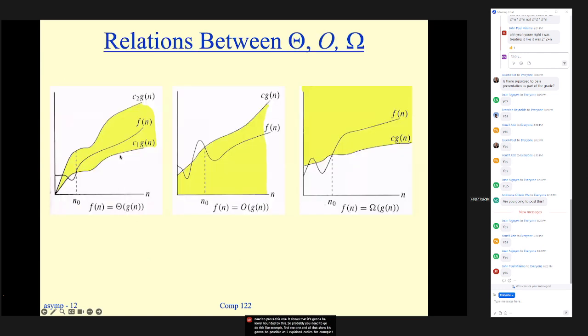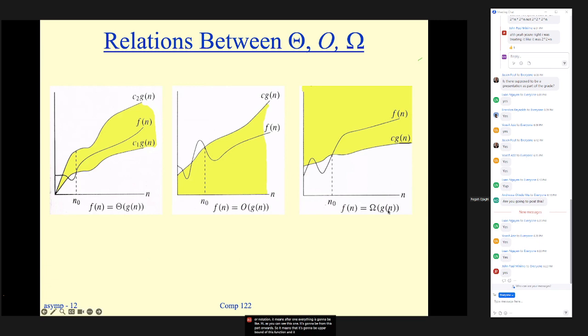Let's find a relationship. As you can see, for big theta of g of n, from n naught onwards, f of n is going to be between C1 g of n and C2 g of n. Big O notation means that after a while everything is going to be higher, from this part onwards, so it's an upper bound of this function.